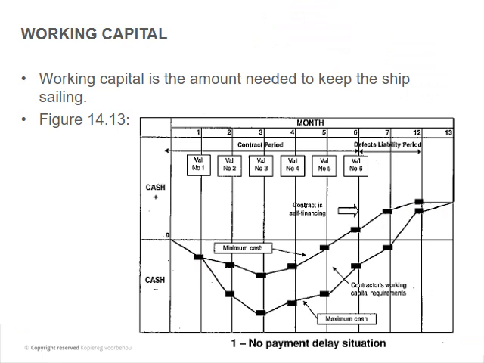Working capital. So working capital is the amount needed to keep the ship sailing. That is that deficit that I spoke about earlier. So your minimum cash flow in normal circumstances is like this, and then your maximum cash flow is calculated like that.